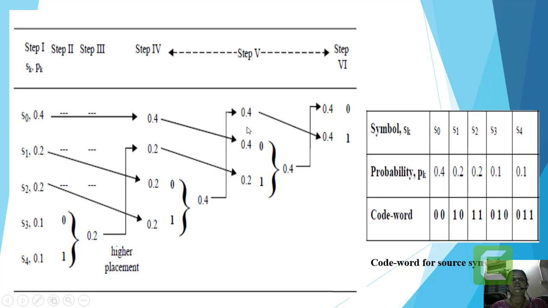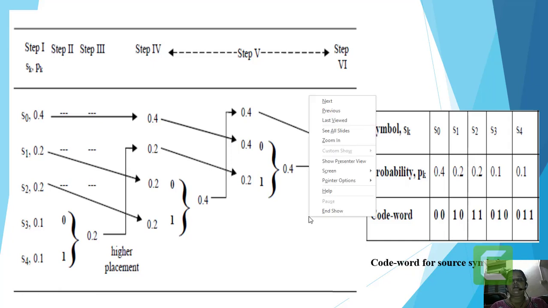Again in this fifth step, we take the lower two probabilities, assign the symbols 0 and 1 to them, and combine these probability values. They come to 0.6, and the 0.6 is carried forward.